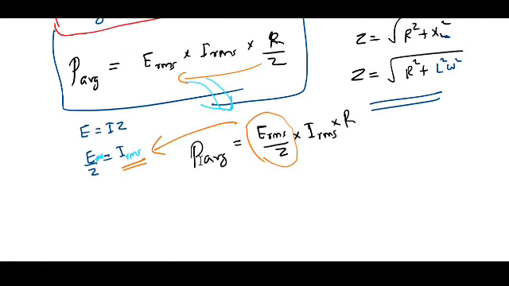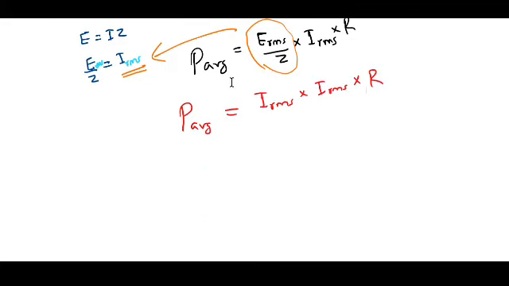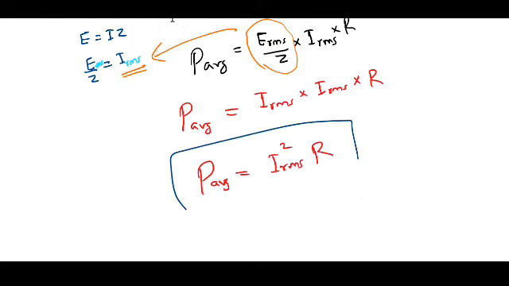Therefore, the average power in the circuit can be written as P average is equal to IRMS into IRMS into R, or P average is equal to IRMS square into R. This is another representation of the average power.